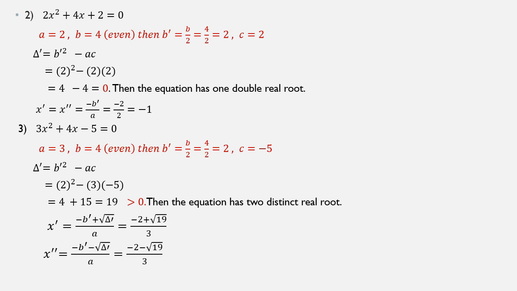Then the equation has two distinct real roots, which are x prime equal minus b prime plus radical delta prime over a, which is minus 2 plus radical 19 over 3, and x double prime equal minus b prime minus radical delta prime over a, which is equal to minus 2 minus radical 19 over 3.